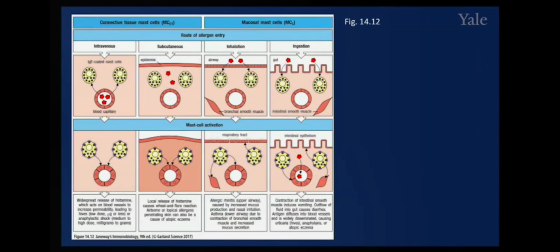You can also have allergen entry through the skin, which causes a local swelling response. Then in the mucosa, we have an inhaled response, so this would be something like seasonal allergies or hay fever.